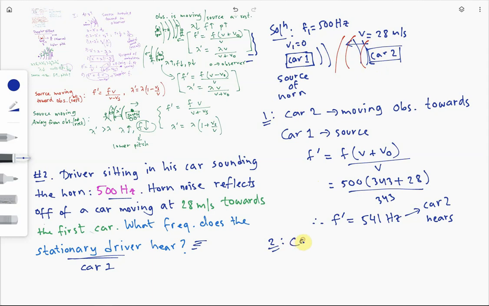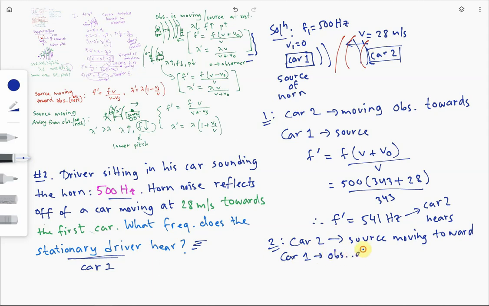Hence, car 2 now becomes the source. Car 2 becomes the source, moving toward the observer, and car 1 is the observer, and it's at rest.